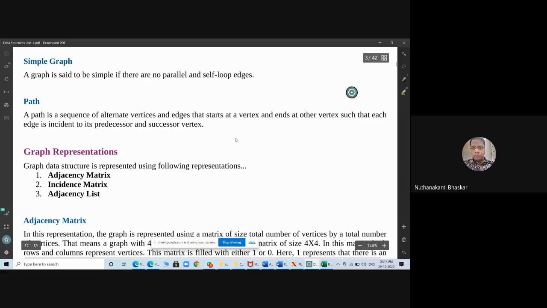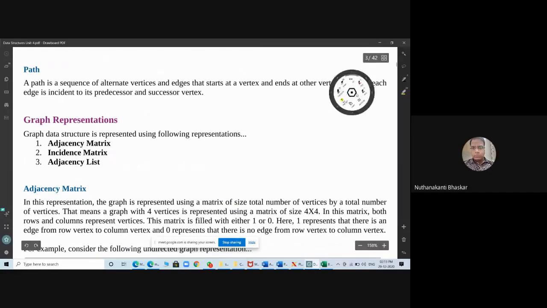Understood? Yes, sir. Today we are going to learn and practice parallelly. You also practice in your notebook, please. How to represent the graph? Here basically we have three ways of representation.